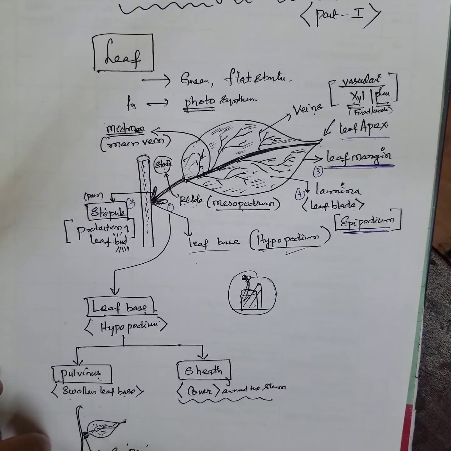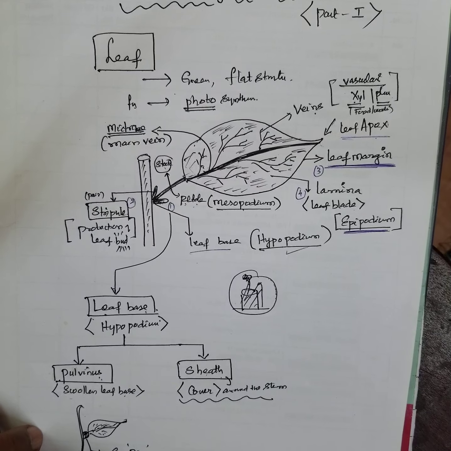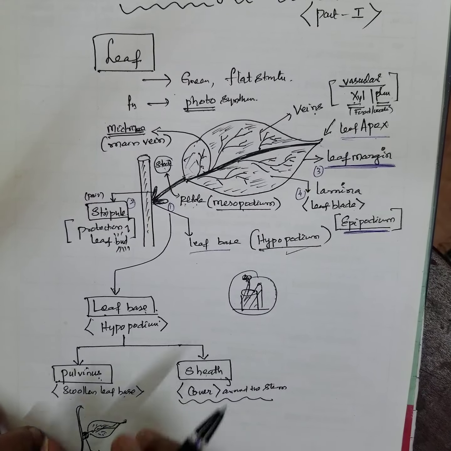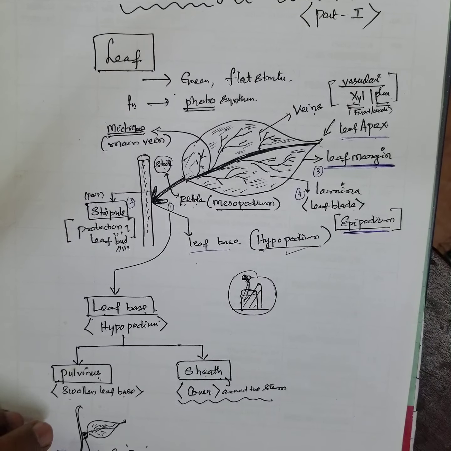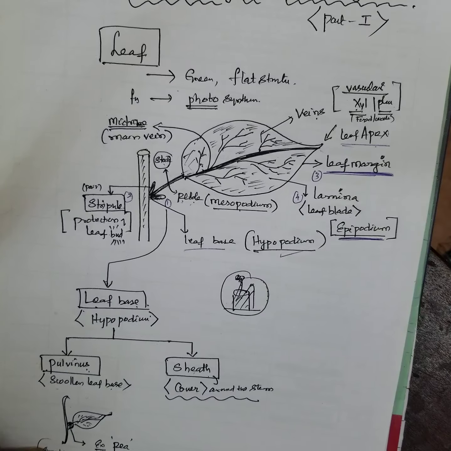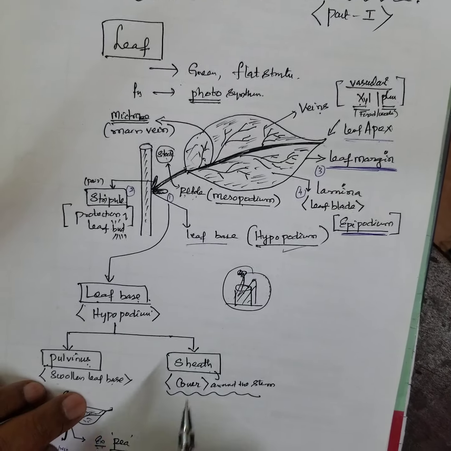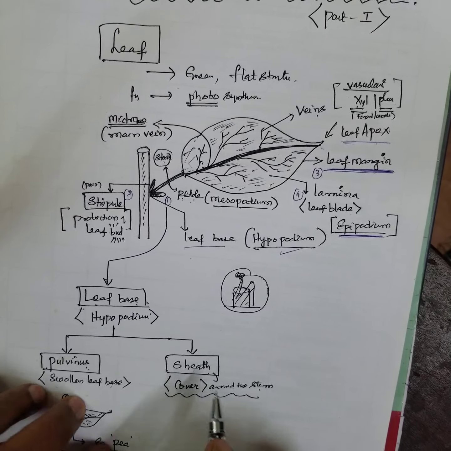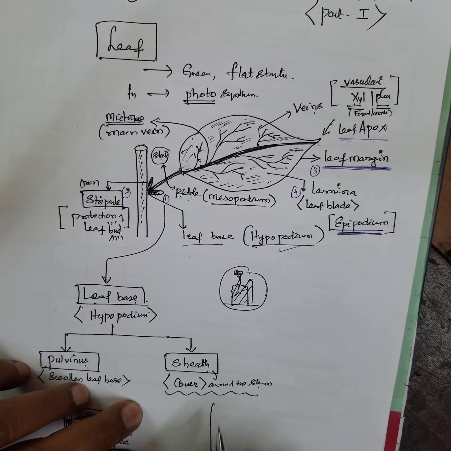Now a new word you are getting, osmoregulation. Just to learn, it is like a language. It is easy. What is osmoregulation? You just know, right? That means next, the sheath covers around the stem. That means your stem is this.